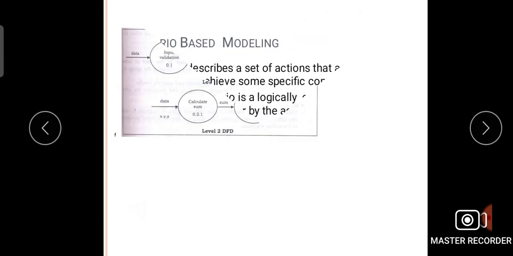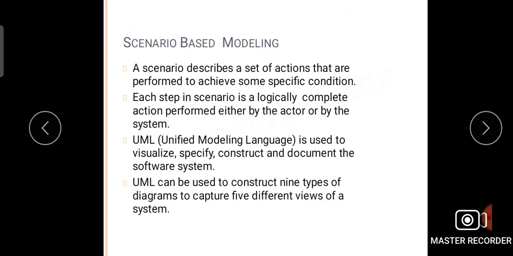Next, scenario based modeling. Scenario based modeling is a very important concept for the GTU exam. In scenario based modeling, UML is our most important concept. UML stands for Unified Modeling Language.